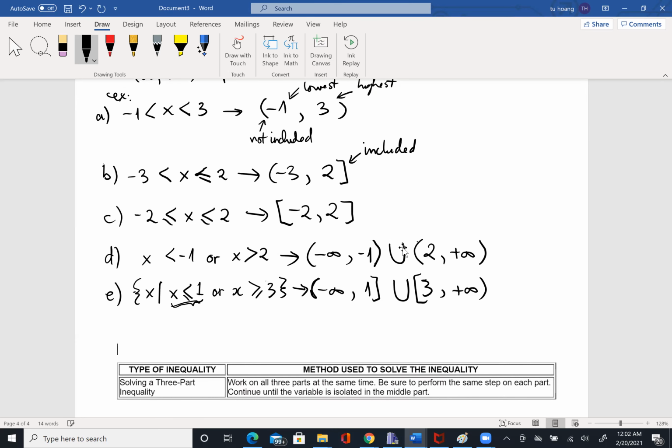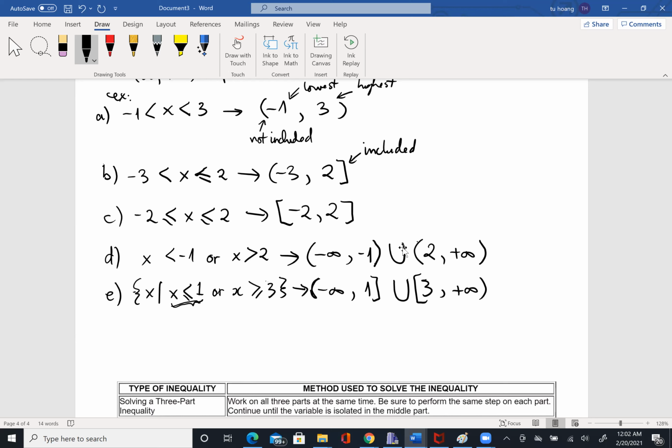Now let's have a last one. F. What happens with pure set notation? The set of x such that x is greater than 0 and x is less than or equal to 3.